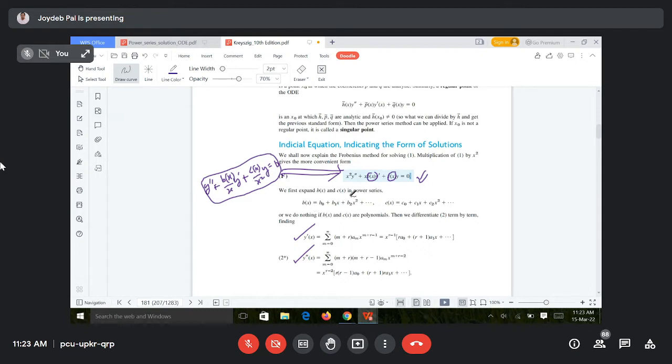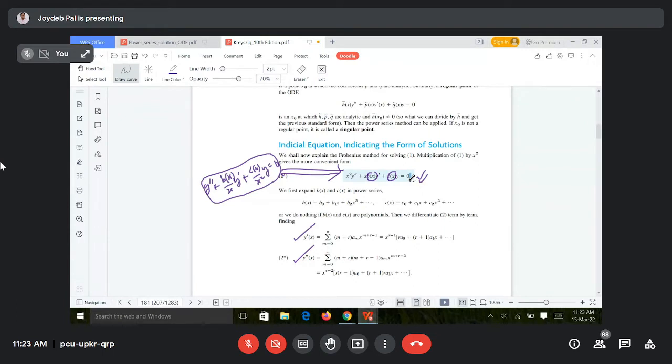Now since bx and cx are analytic at x is equal to 0, their power series representation exists. वही एनालिटिक मतलब वो पावर सीरीज रिप्रेजेंटेशन एग्जिस्ट करता है, राइट? Yes, sir.